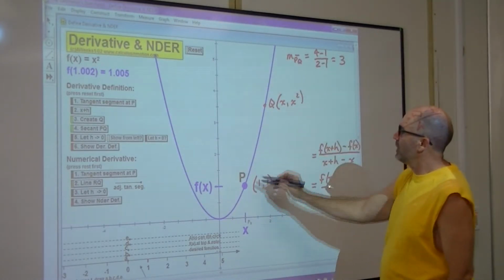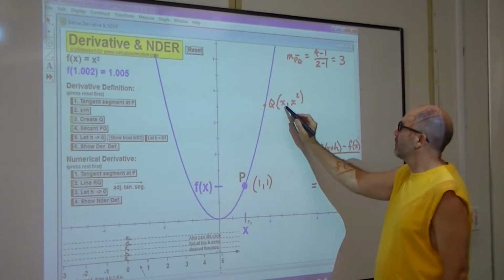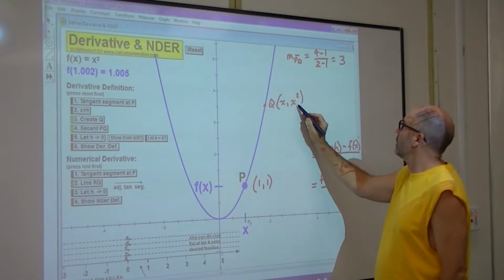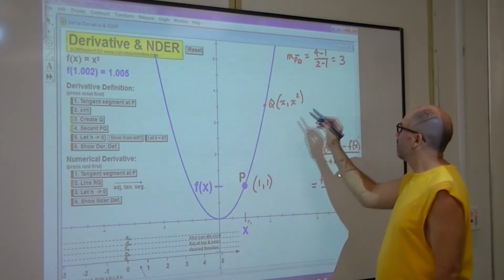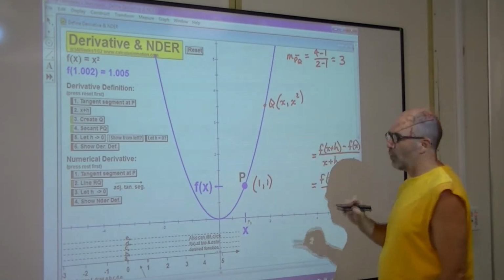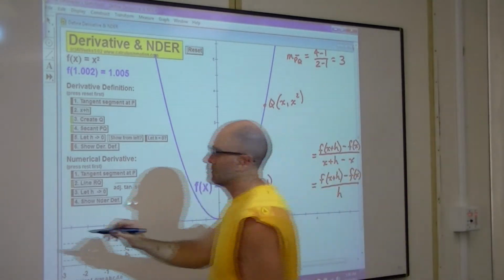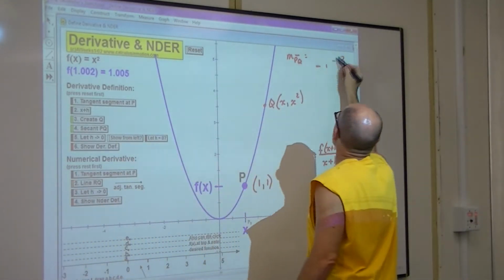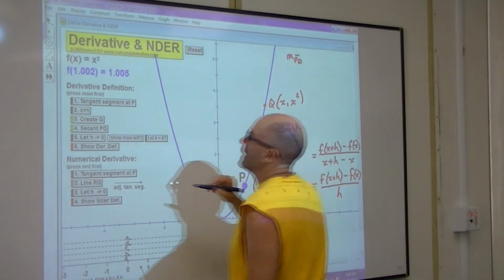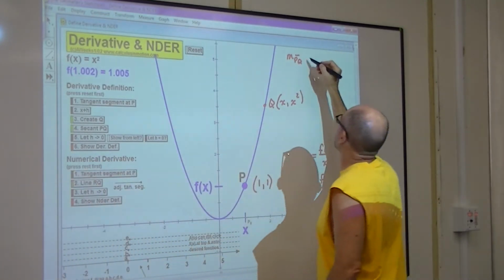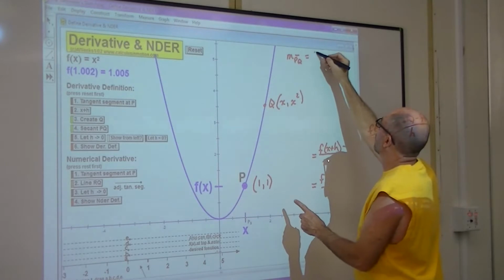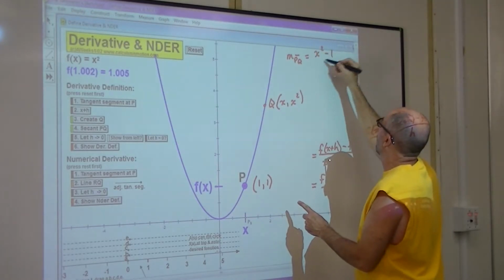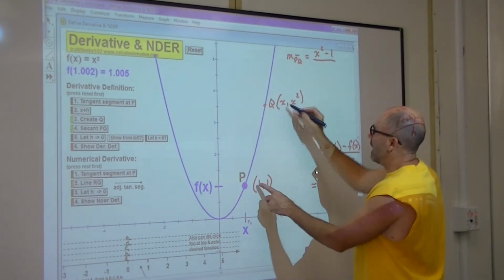Now, it's on this parabola, so whatever x value goes in, the y value is always going to be that value squared. Now, the slope of PQ is going to equal the change in y divided by the change in x. So what's change in y? X squared minus 1. What's change in x? X minus 1.